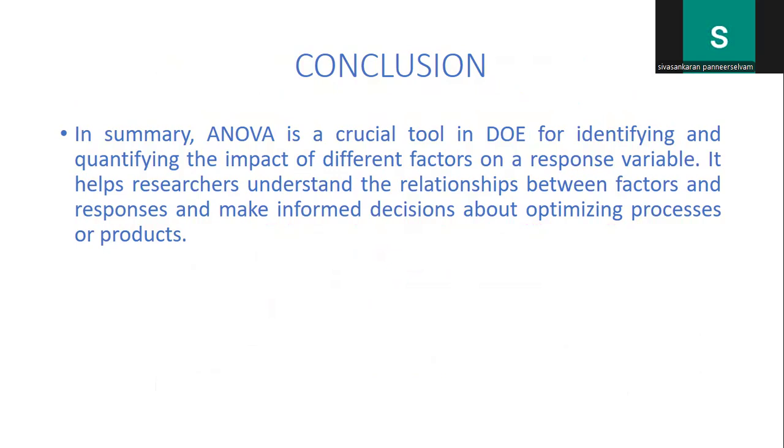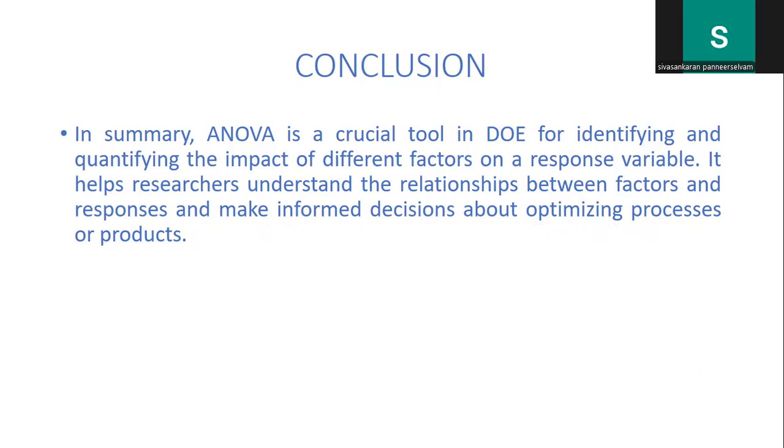So what is the conclusion from this experimentation? In summary, ANOVA is one of the most important and essential tools in DOE for quantifying the impact of different factors on a response variable. In this experiment, the response variable is the mechanical hardness of the paint, whereas the input factors are four different samples of paint.